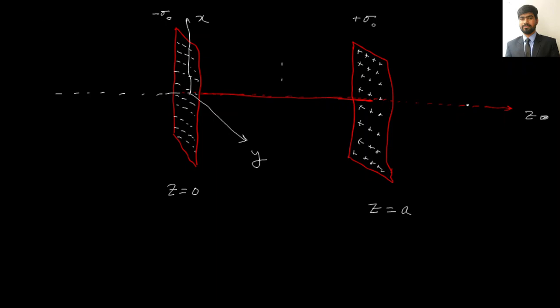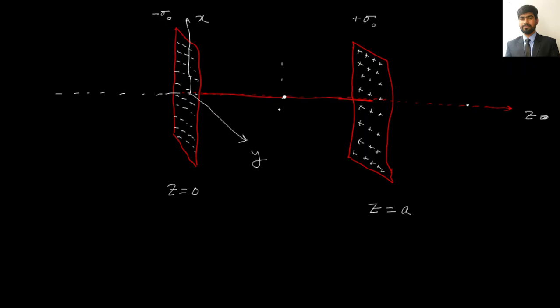At a time you can consider only one single plane. So let's say we want to calculate the electric field at a point between these two layers, consider any point P. So we want to calculate the electric field at this point. We can assume there is only one plane, let's say the z equals 0 plane.